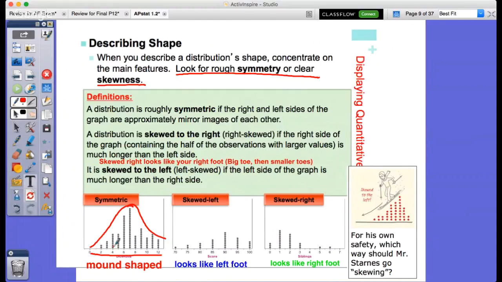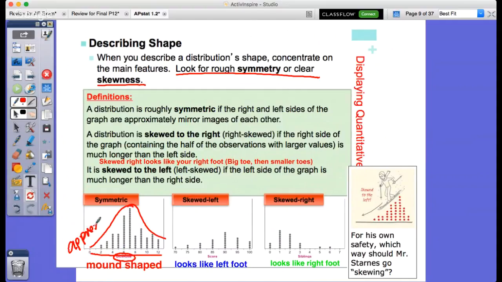This would be a dot plot, right? It's a quantitative measurement, meaning it has specific numbers in it. We label it on the bottom, and we look and see what the dot plot tells us. Well, it's mound-shaped, so we say that it's approximately normal, and that would be sufficient.